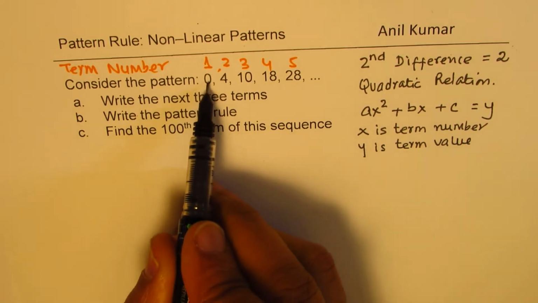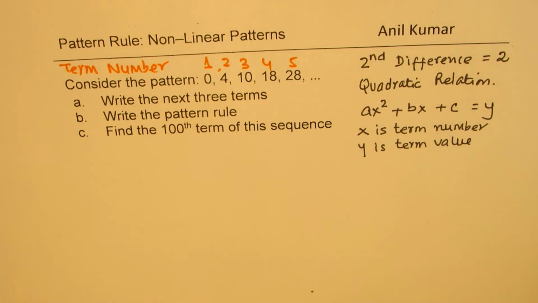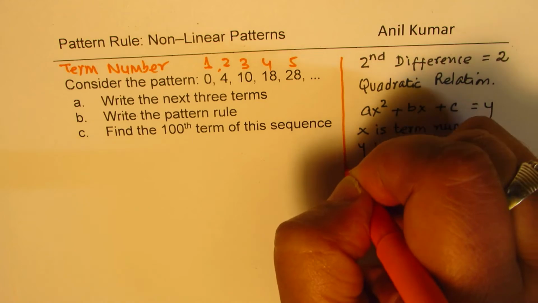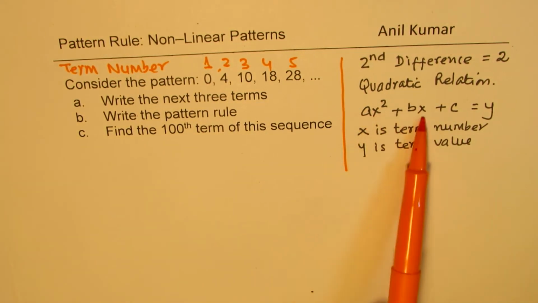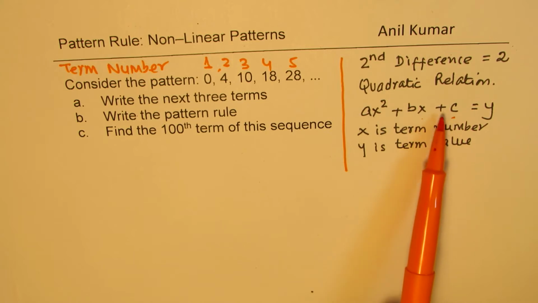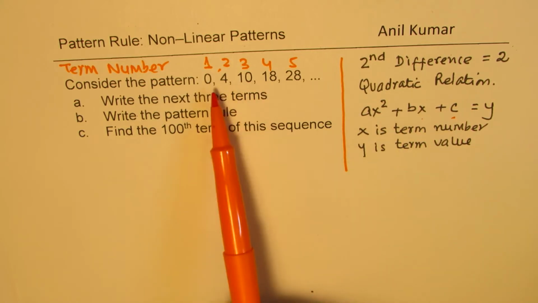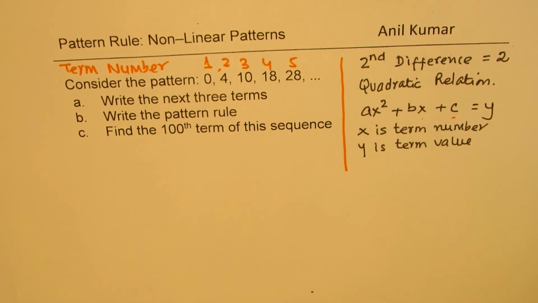So the y values are 0, 4, 10, 18, and 28, and so on, correct? So with that base, let's work out how we find this particular equation, which could be the explicit pattern rule for our pattern, right?